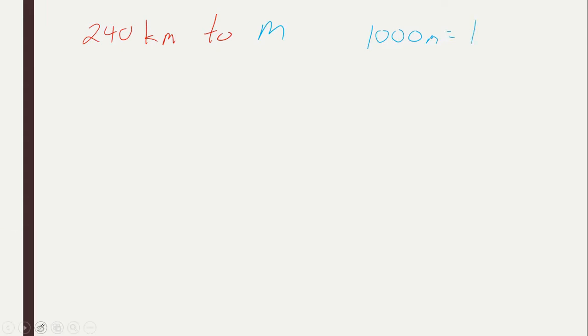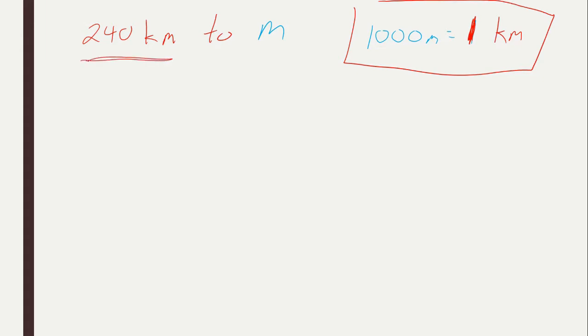Okay, so here is our toolbox, so to speak. Where are we starting from? The number tends to tell us what we're starting with. So we're starting with 240 kilometers, and we're going to meters. That's where we're going.